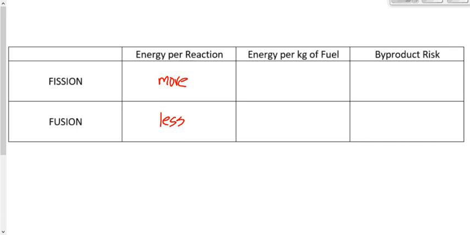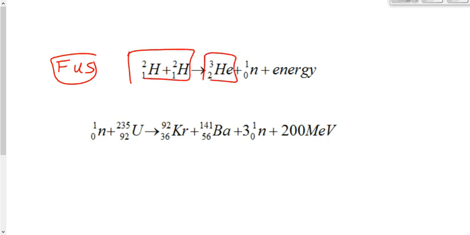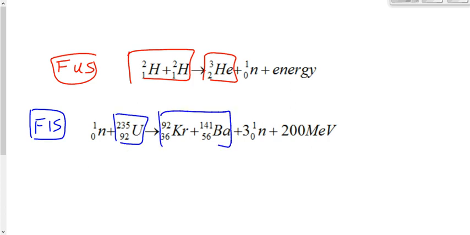Well, if we look at these two reactions right here, first one being fusion, we got two light becomes one heavy. The second one being fission, we have one heavy becoming two light. If we look at these two reactions, there is way more reacting in the fission reaction.